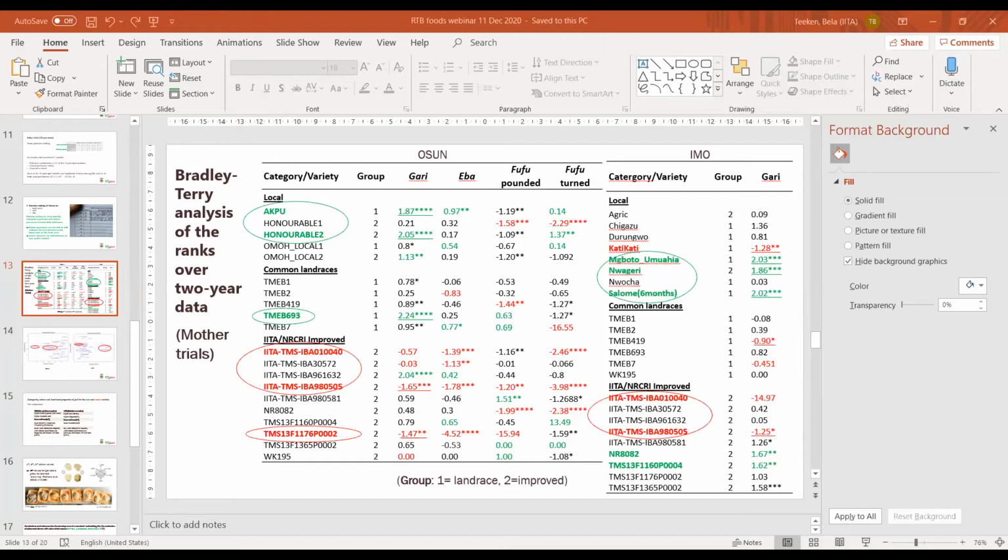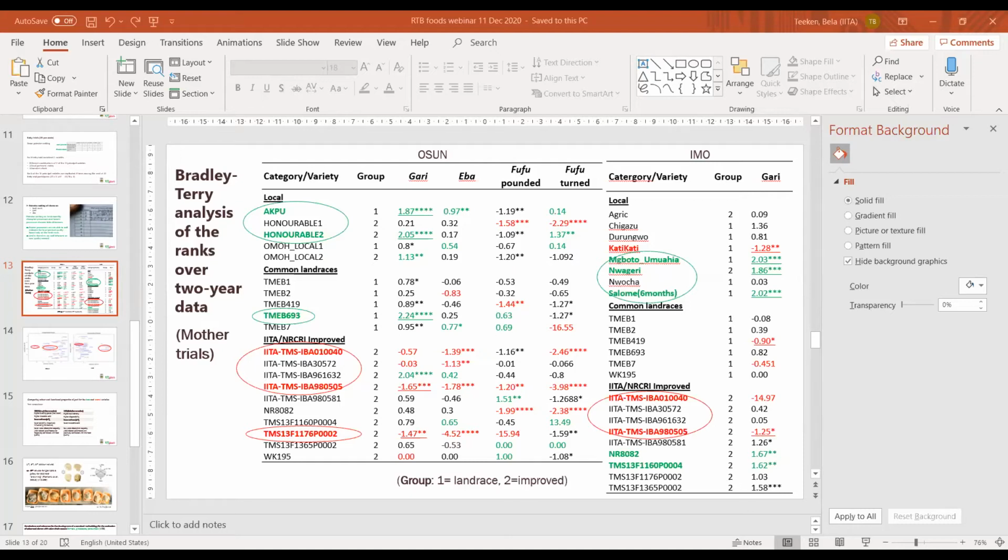They say, well, this part of my field is going to be for Gari, and this one is for my household Fufu consumption. That is what they addressed in work package 1 as well: they want to make different products from the same variety.